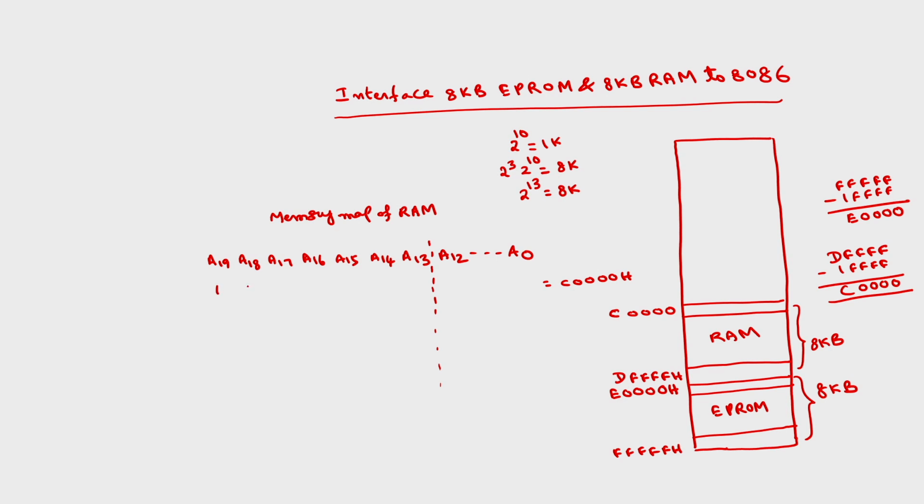C is 12, which is 1100, then 0 is 0000, and all zeros is C0000H. Then the ending address will be DFFFFH.